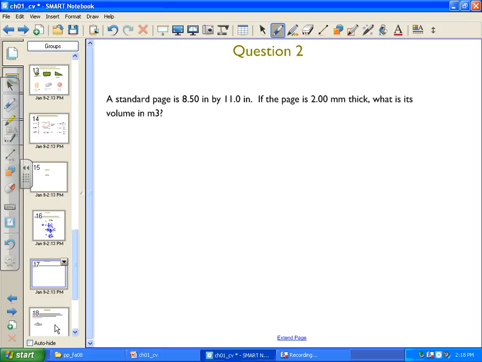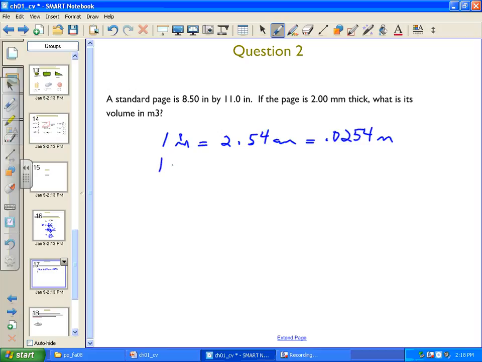Okay, well in the back of the book, we see that 1 inch is given by precisely 2.54 centimeters, which we can write as 0.0254 meters.